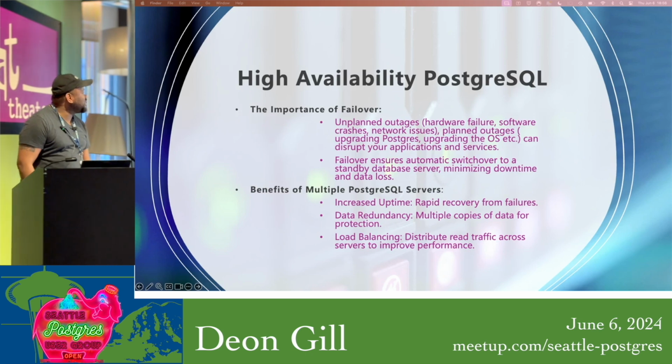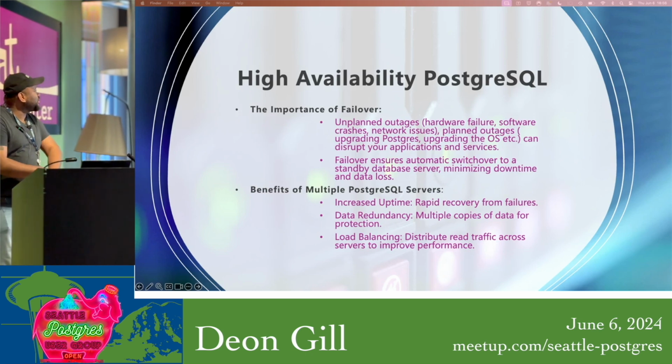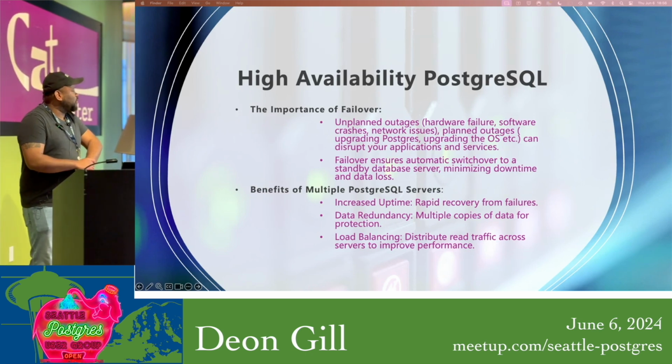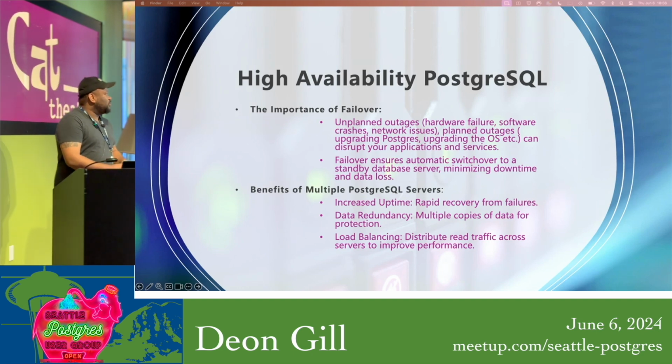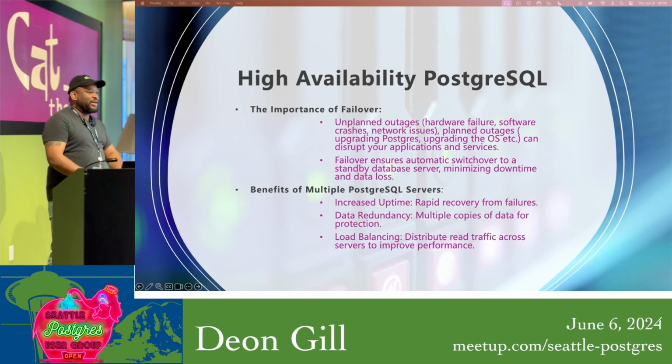Then our last one is high availability Postgres. We talked about having a secondary server for replication, but also for failovers. Sometimes you may have unplanned outages, whether hardware failures, software crashes, or network issues. Then we have planned outages, where you have to upgrade your OS or Postgres, and they can disrupt your application's server.